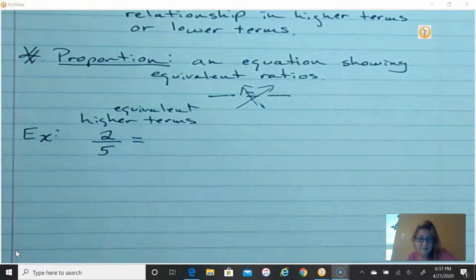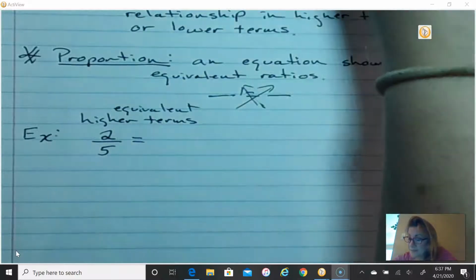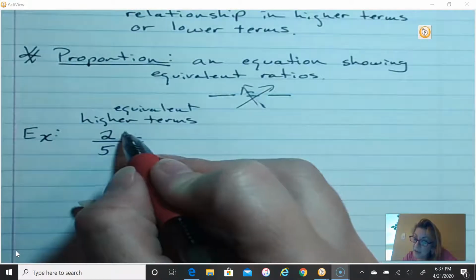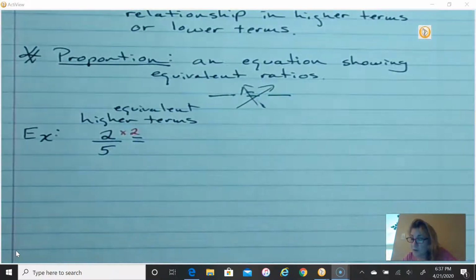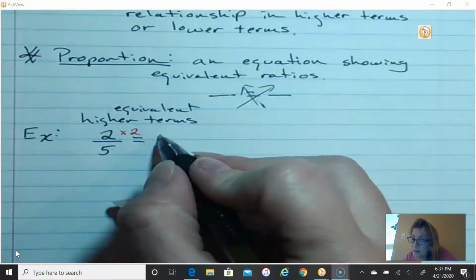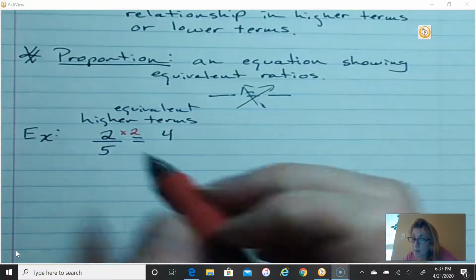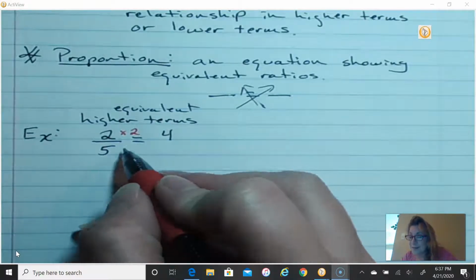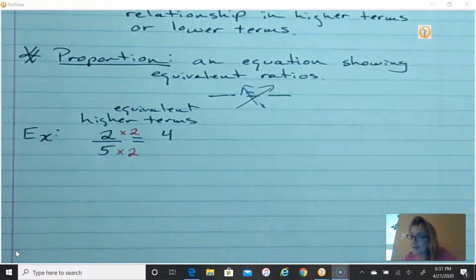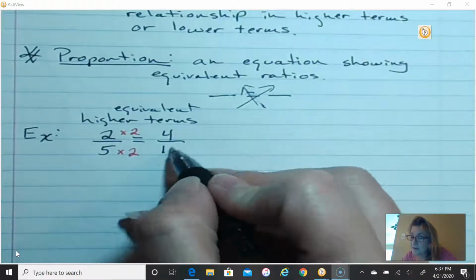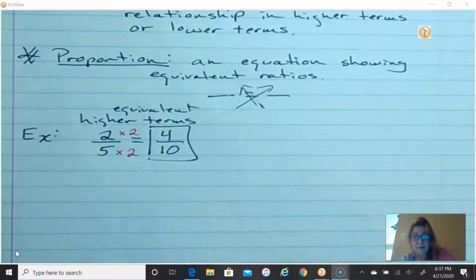So let's say I do 2 times 2. What do you get? 4. But what we do to the top, we have to do to the bottom. Remember that? So 5 times 2 is 10. There's your answer. That's it.